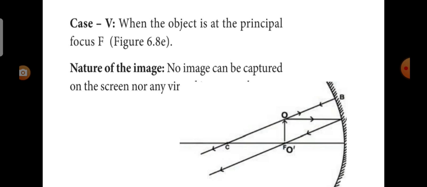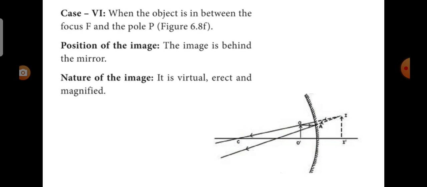When the object is at principal focus F, no image can be captured on the screen, nor can any virtual image be seen. In case 6, when the object is in between the focus F and the pole P, the position of the image is behind the mirror. The nature of the image is virtual, erect and magnified.